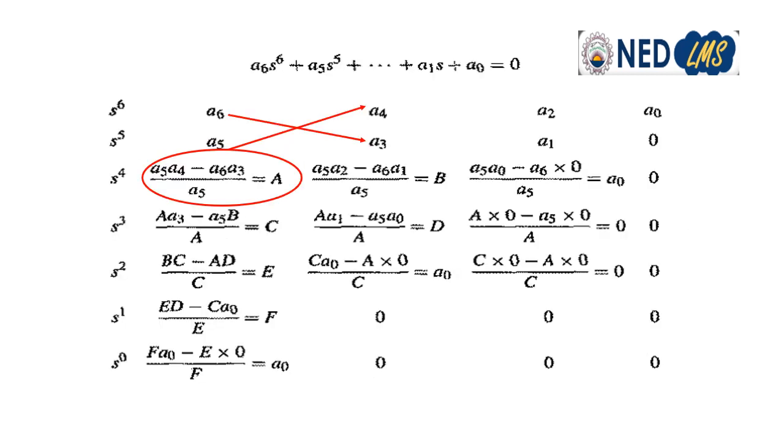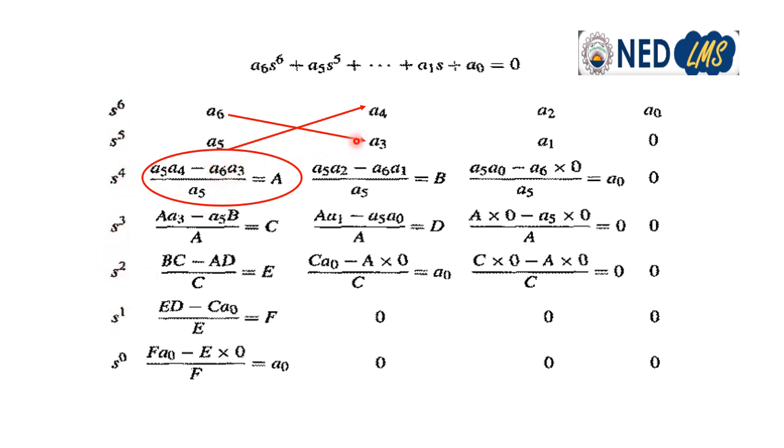This is an example of a sixth order characteristic equation. Then how will we calculate the third, fourth and so on next rows using the coefficients of the characteristic equation? Because we have the sixth order here, we start with the highest power of s, s raised to the power 6, and then the decreasing powers: s^5, s^4, 3, 2, 1, up to 0.